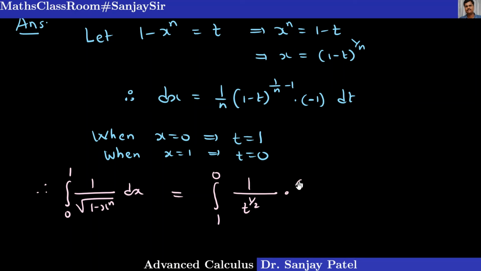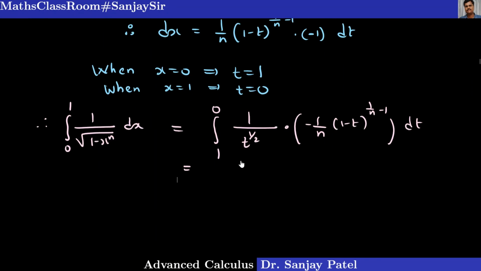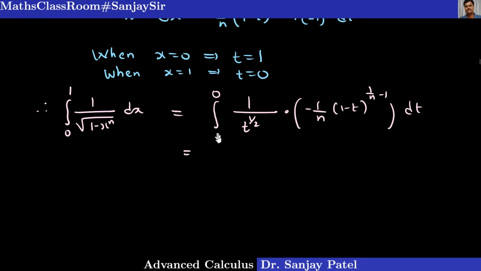So it is minus 1 upon n into 1 minus t raised to 1 upon n minus 1 into dt. Now, if you remove this negative sign, then you can interchange this limits of integration. As you know, integral a to b is same as minus integral b to a. So this is integral 0 to 1.